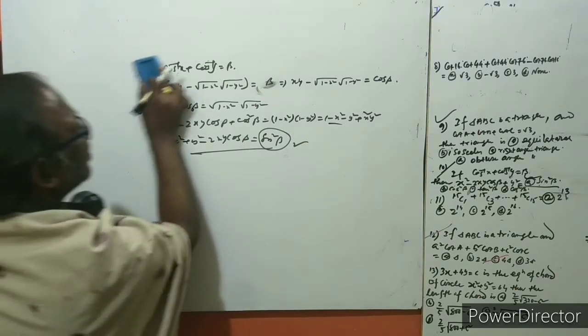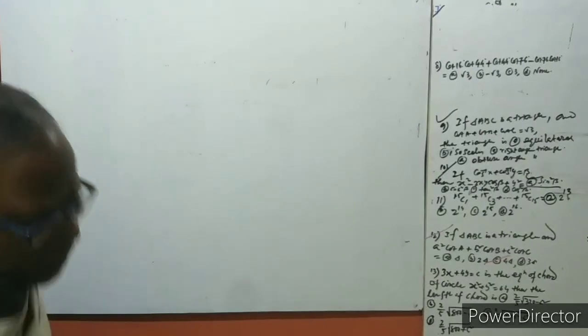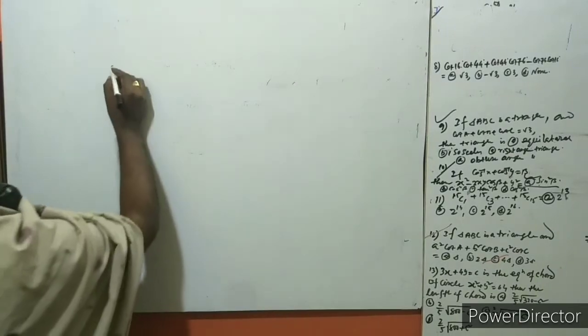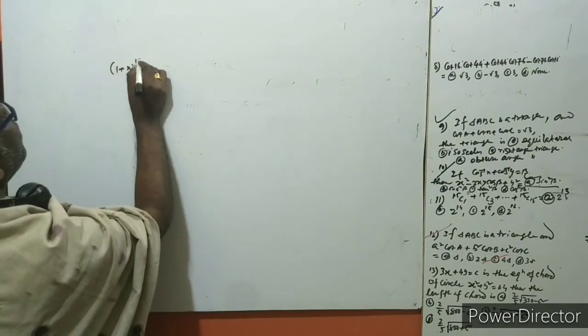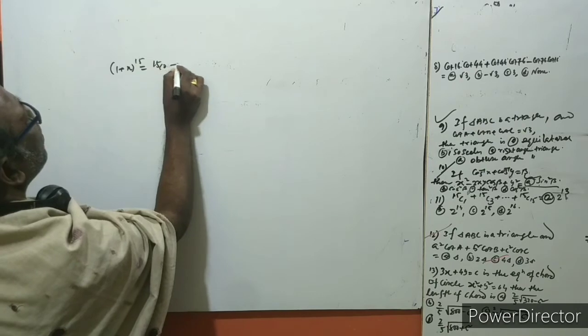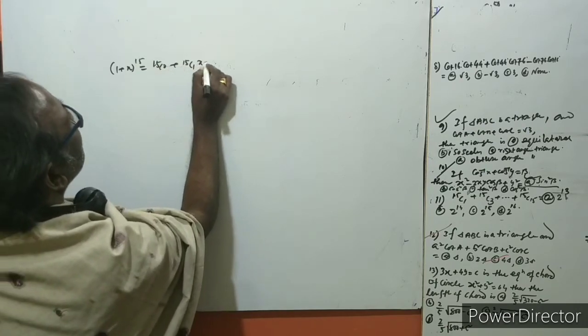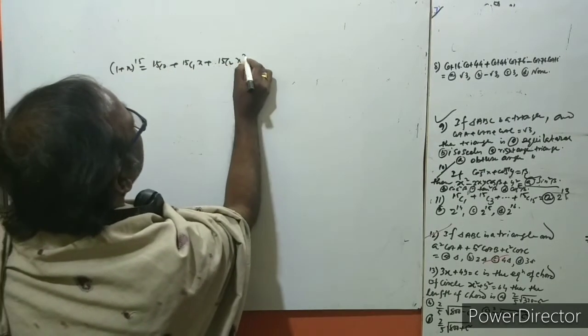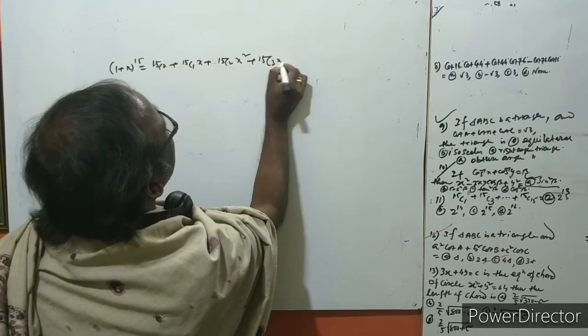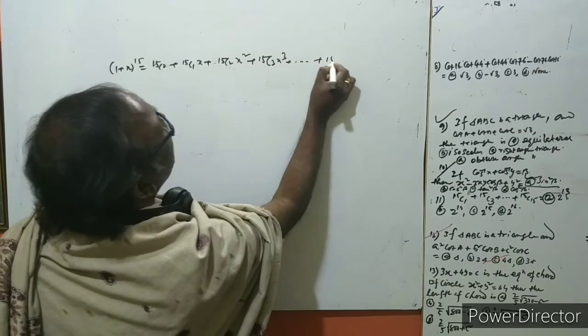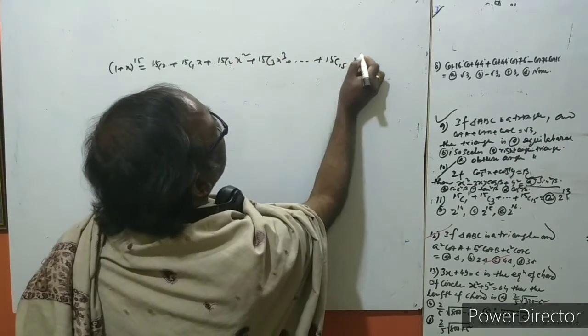And now for 11. (1 plus x) to the power 15 is equal to 15C0 plus 15C1 x plus 15C2 x square plus 15C3 x cube and so on up to 15C15 x to the power 15.